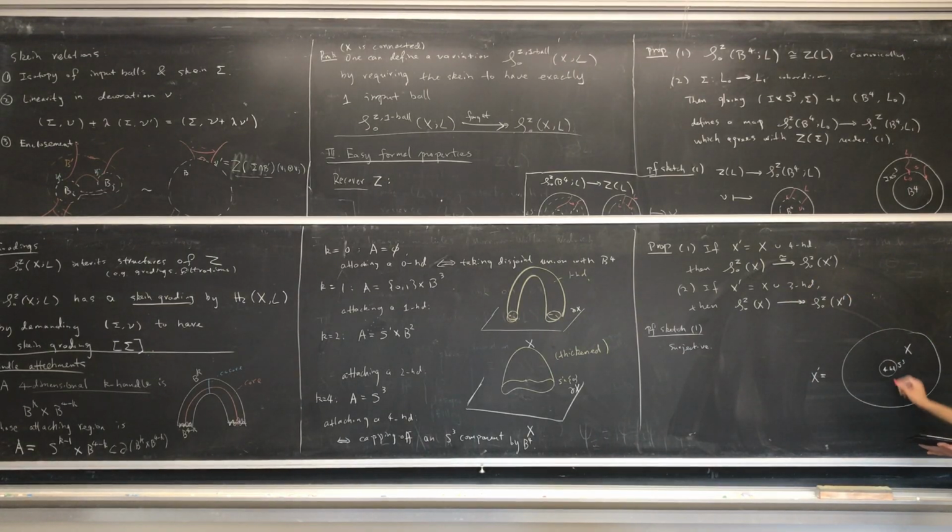So let's say this is my lasagna filling, with the skein outside some number of input balls. In this picture, it doesn't immediately come from a lasagna filling in X because it intersects this 4-handle.